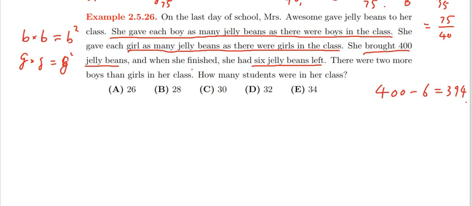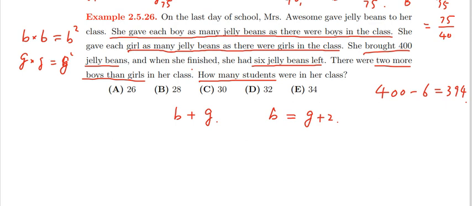The question is, we want to find how many students. So the number of students is b plus g. The condition between b and g is that there were 2 more boys than girls, so b equals g plus 2.